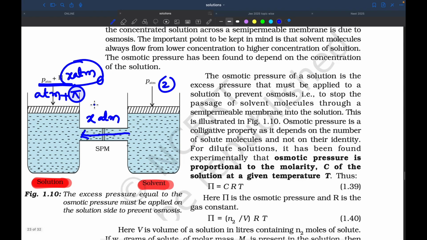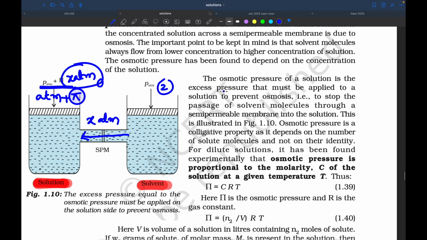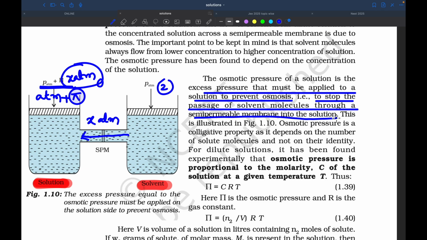So the definition is given here. Osmotic pressure of a solution is the excess pressure that must be applied to a solution to prevent the osmosis process. The simple definition: osmotic pressure is the pressure required to prevent osmosis, or to stop the passage of solvent molecules through a semi-permeable membrane into a solution.